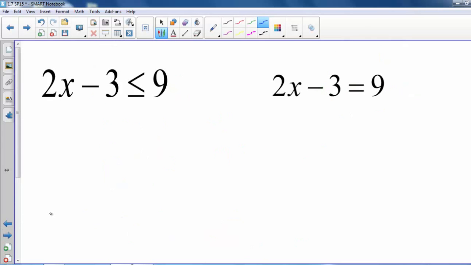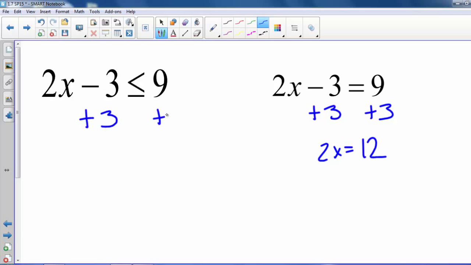What about 2x minus 3 is less than or equal to 9? So solving the equality, we would add 3 to both sides to get 2x equals 12. And we just learned that we can add the same quantity to both sides of an inequality and get an equivalent statement. So we get 2x is less than or equal to 12.